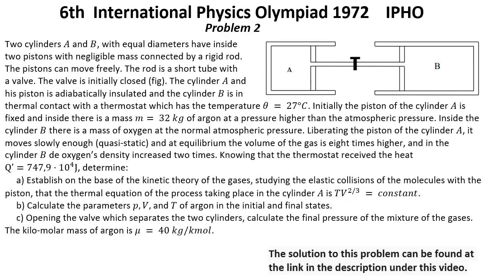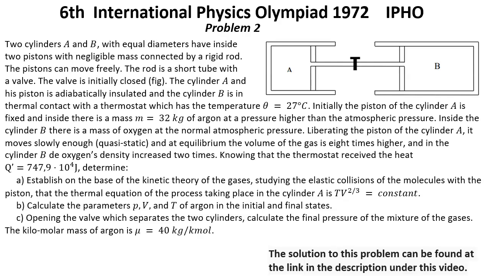Initially the piston of the cylinder A is fixed, and inside there is a mass M equal to 32 kg of argon at a pressure higher than the atmospheric pressure. Inside the cylinder B there is a mass of oxygen at normal atmospheric pressure.